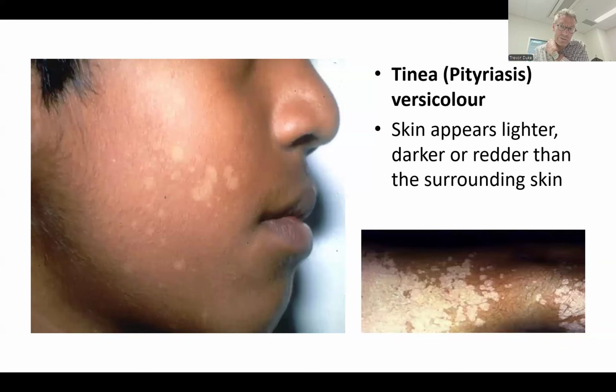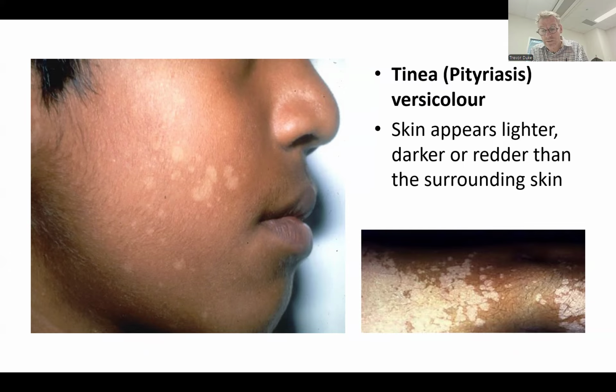This is tinea versicolor. As I said, you've almost certainly seen it. The skin appears lighter or darker or redder than the surrounding skin. Usually it's light patches. Sometimes it's darker patches or redder patches. And this is a fungal infection from the fungus tinea versicolor or pityriasis versicolor.